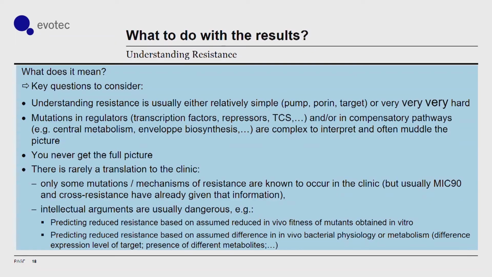Predicting reduced resistance based on an assumed difference in in vivo bacterial physiology, like for instance, this changes the metabolism of my bug. Surely this might impact it in vivo. Like for instance, the mutation will impact the ability to get peptides as a carbon source, and in vivo, surely peptides are not the carbon source. Well, nobody knows what the carbon source is in vivo, right? Especially when you consider all body sites. So these intellectual arguments are nice, but whether they are believable, I don't know.